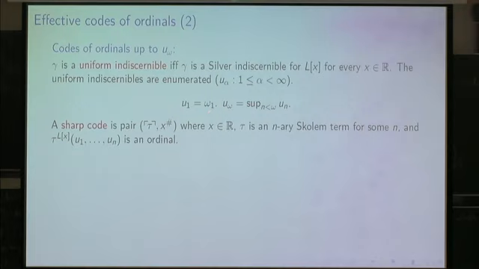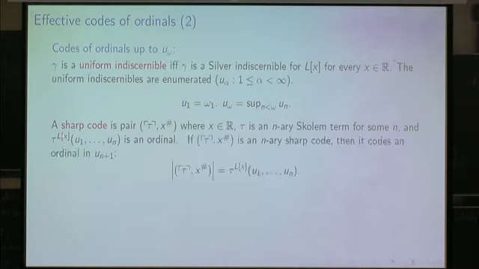So a sharp code is a pair of a Skolem term and x sharp, so that if tau is n-ary, then tau evaluated in L of x on those indiscernibles is an ordinal. And this sharp code codes an ordinal in u omega by evaluating this Skolem term in L of x and plugging in those uniform indiscernibles.